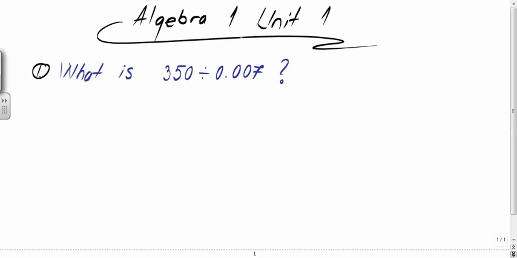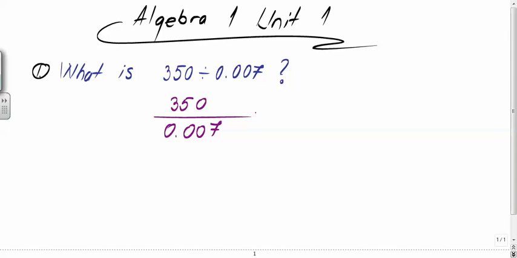Now keep in mind that whenever you have a division, you're thinking about a fraction. And if I have 350 divided by 0.007, I can write the whole thing as 350 over 0.007.